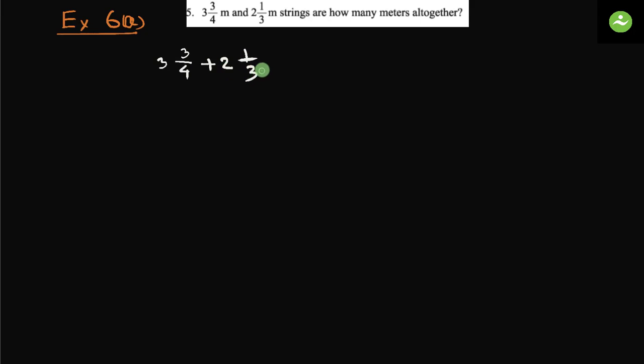Either way is okay. We will not consider the unit now, just add the fractions. We already did all the calculations of fractions in question number 4, so it should be easy for you now.